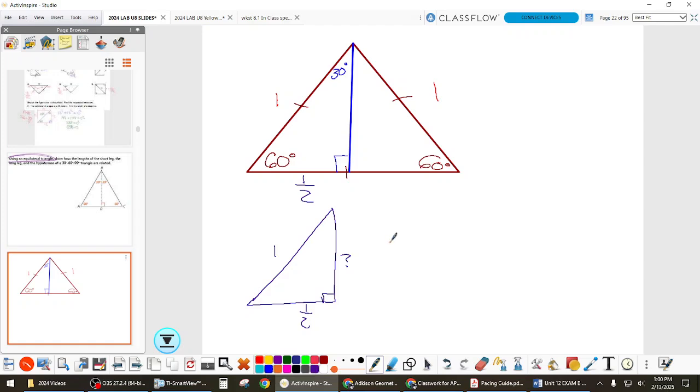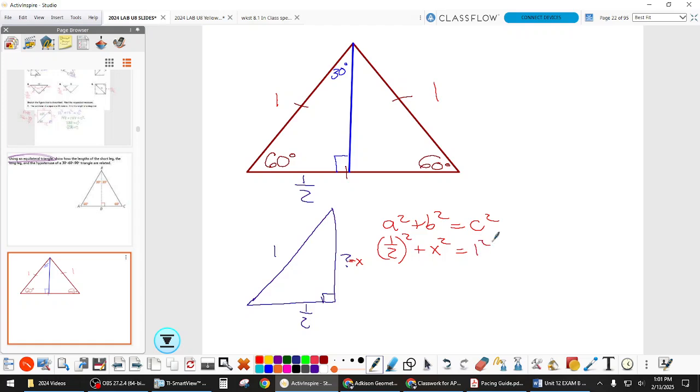So we're going to say, I'll write it first. A squared plus b squared equals c squared. Remember, c is always going to be the hypotenuse. So this is 1/2 squared plus, can we call this x for a minute?